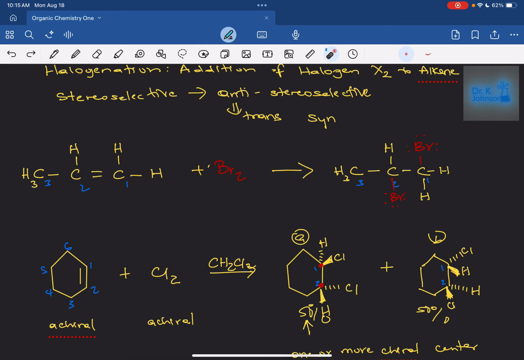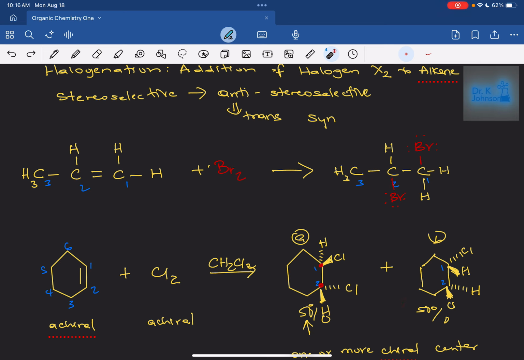Like here, this is the chiral center, so the two groups, your bromine and your hydrogen, you give them wedge and dash on one, and then to get the second enantiomer, you swap the groups. So you're going to get two molecules. Go ahead and try this one for yourself based on what we did down here.